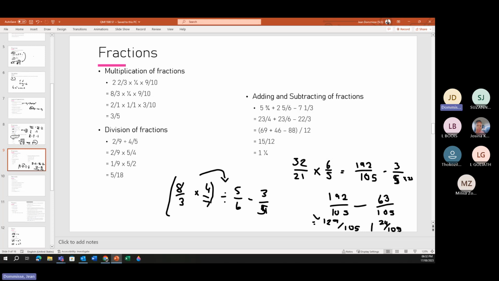And I don't think 24 over 105 can change unless you might even be able to divide 3 into each one to get a smaller one. So again, let your answer set nearly guide you into what level you simplify.